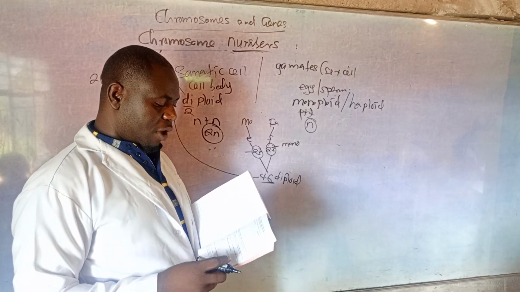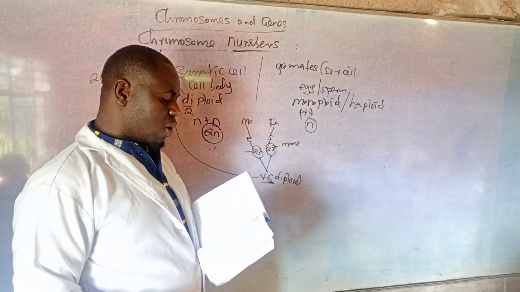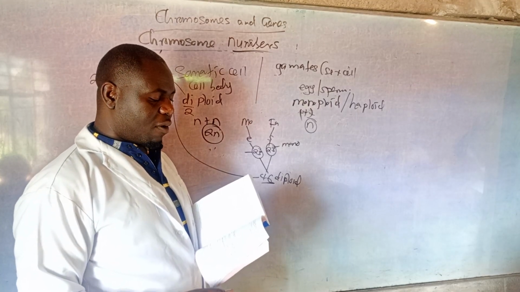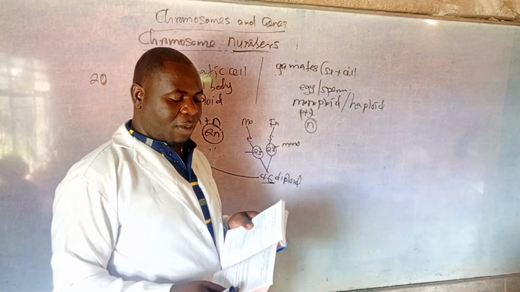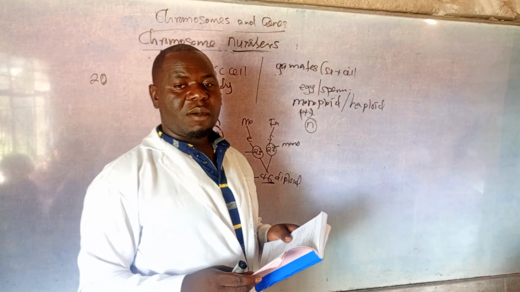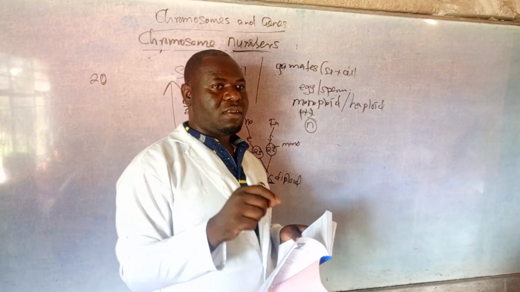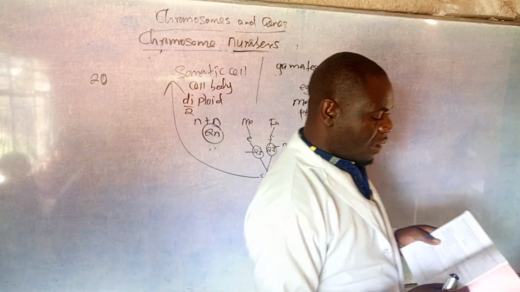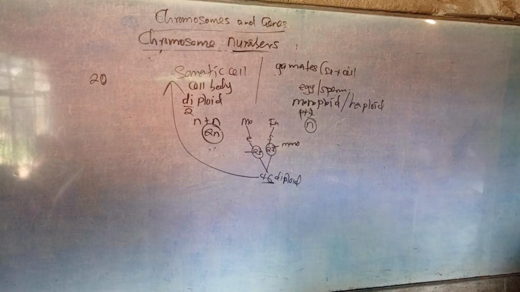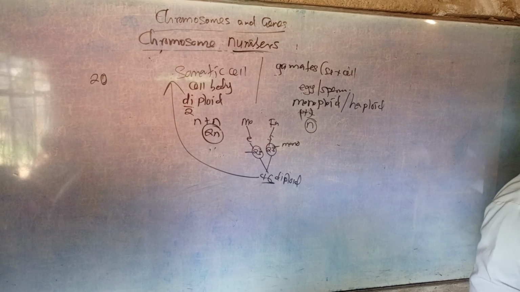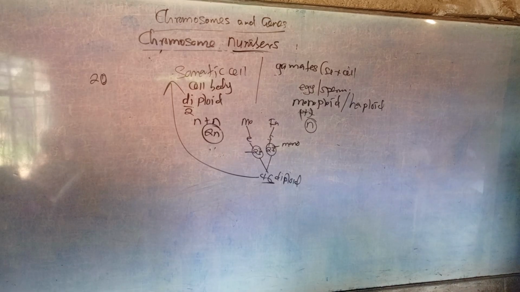Then the example we have: the species and the number of chromosomes each organism contains. For the human being, the diploid number is 46 and the haploid number is 23. For the rat, the diploid number is 40 and the haploid 20.